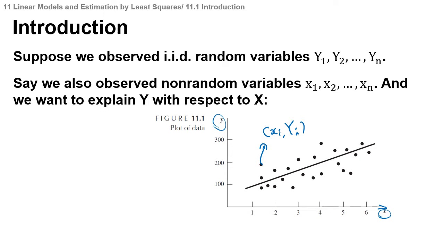We can see some kind of relationship between x and y, which is a kind of linear relationship. Probably we can explain y with respect to x. There might be some kind of linear relationship, so probably we can model this situation like this.